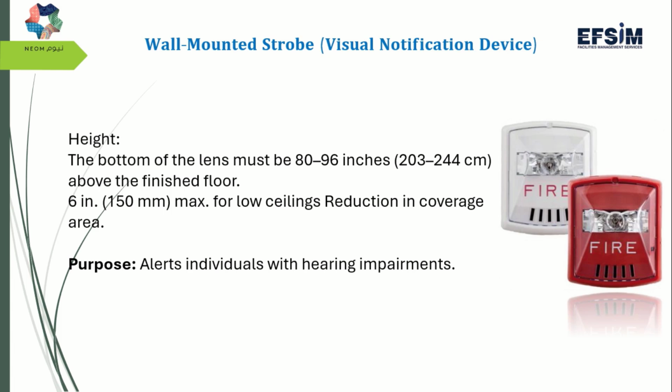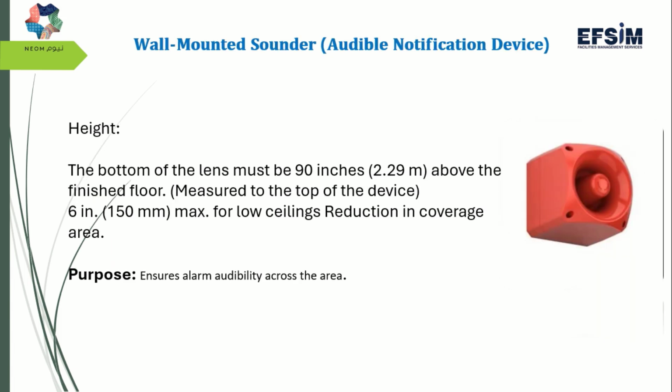Wall mounted sounder is an audible notification device that is used for announcements, with some kind of sound also. Height: the bottom of the device must be 90 inches to 9 meters above the finished floor, measured to the top of the device, and 6 inch maximum from the ceiling, same as the strobe.